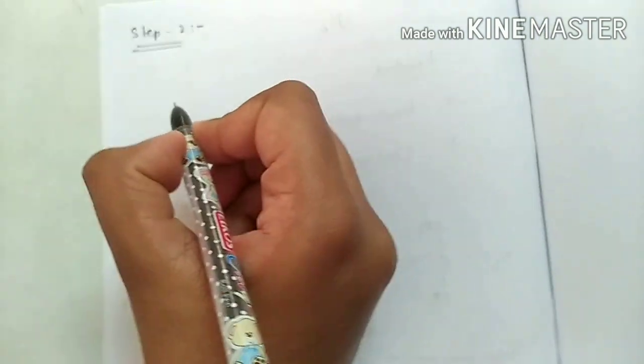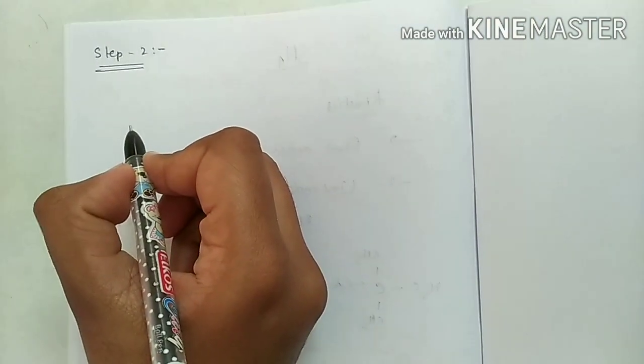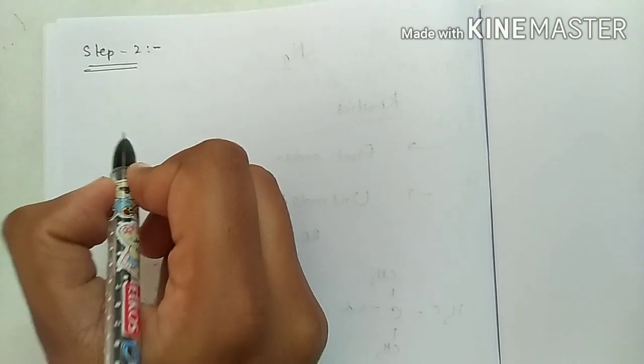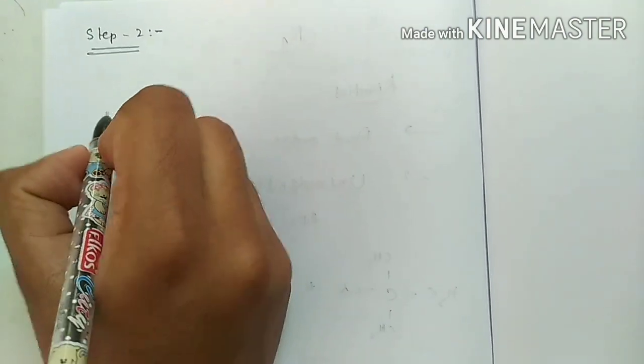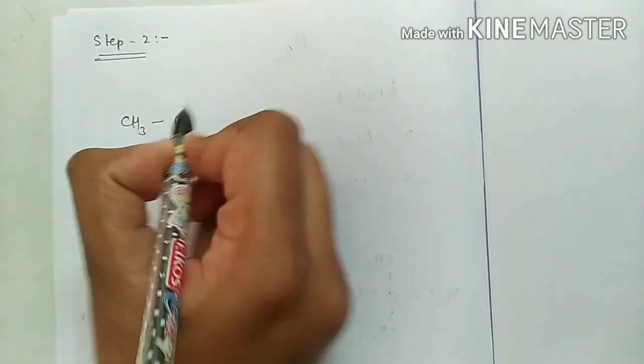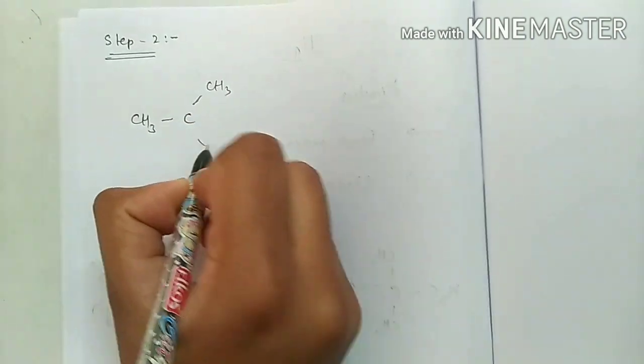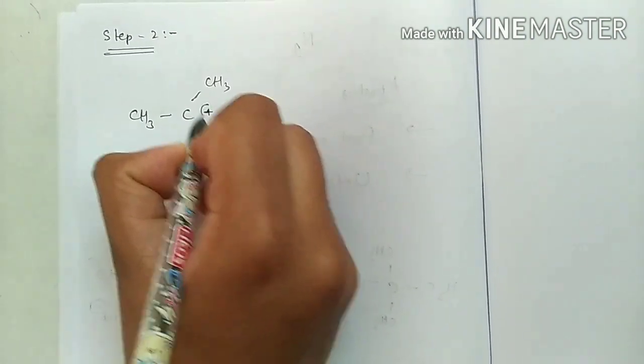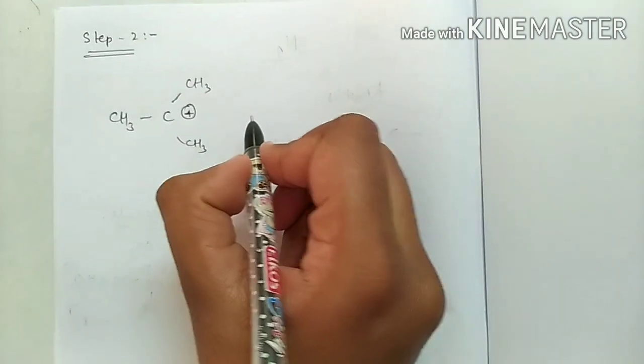In the next step, the water molecule acts as a Lewis base and it donates an electron pair to the carbocation formed in the previous step. So the carbocation formed in the previous step was the tertiary butyl cation.